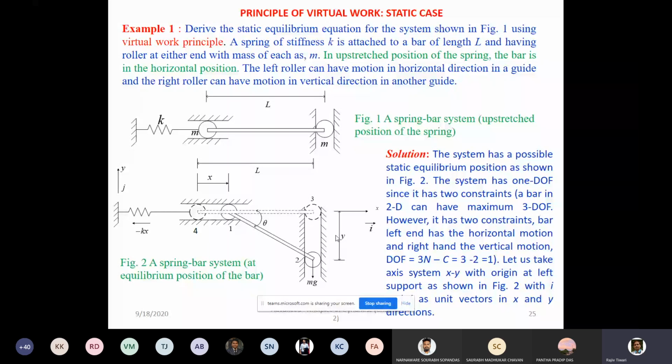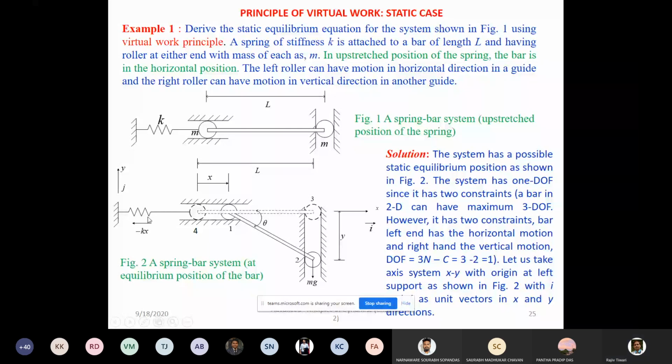So we can choose the displacement of the left end x, or of the right end, this y displacement, or theta. Among x, y, or theta, we can choose any one generalized coordinate, because in this case the degree of freedom is 1, so the generalized coordinate also will be 1. Finally we need to write the expression in terms of one of these coordinates. Okay, so I hope this is clear.